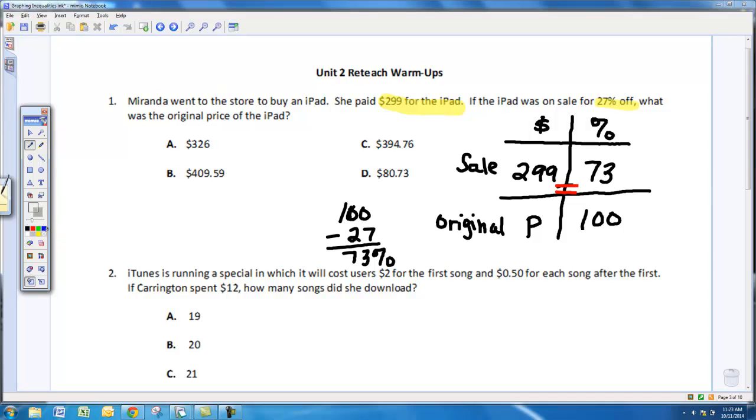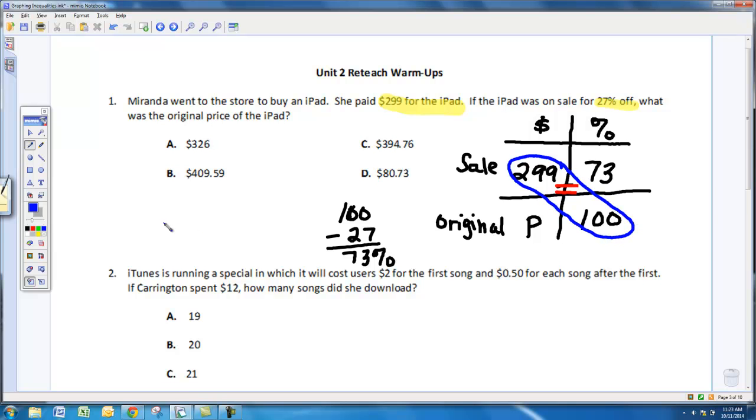So we're going to multiply 299 times 100. Sorry, 299 times 100.